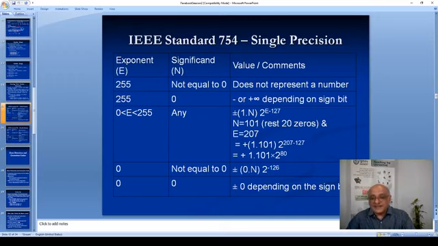But on the other side, n is now not normal and the minimum number has 23 bits, so I'll be getting all zeros followed by 1. So now that is a subnormal number.